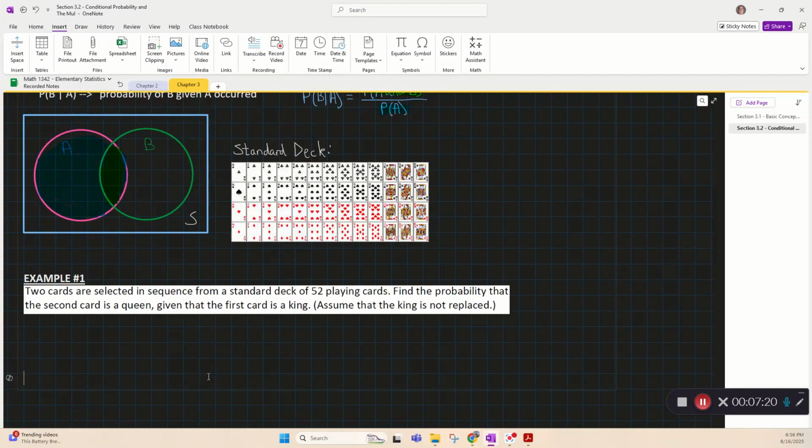Cards are selected in sequence from a standard deck of 52 playing cards. Find the probability the second card is a queen, given the first card is a king. Assume the king is not replaced.